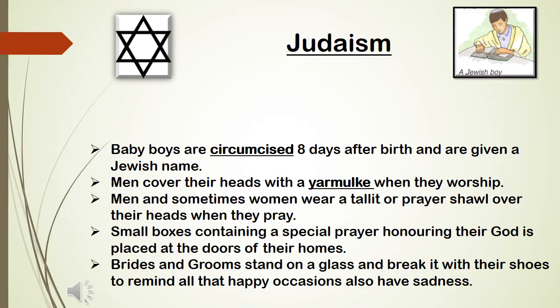Small boxes containing a special prayer honoring their God are placed at the doors of their homes. Brides and grooms stand on glass with their shoes to remind all that happy occasions also have sadness.